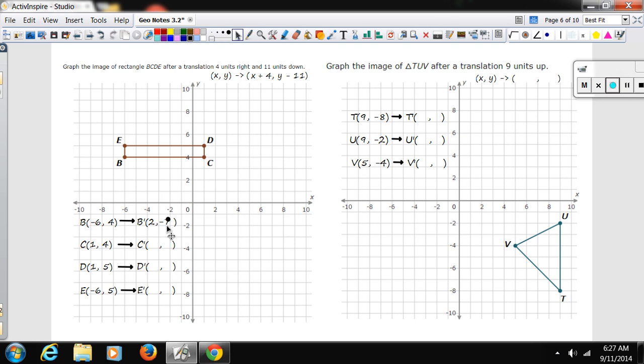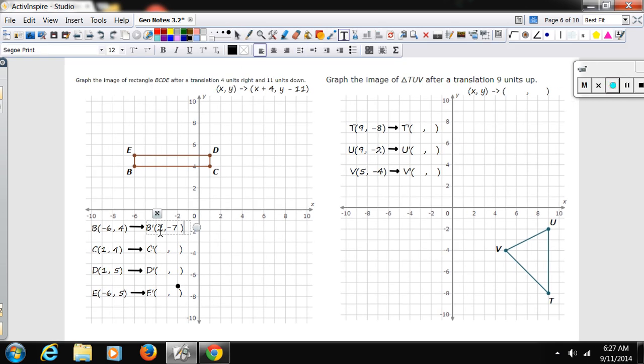So negative 2, negative 7 is right here. You guys probably already knew that, didn't you? Okay, so if I add 4 to negative 6, I'm going to get negative 2. When I subtract 11 from 4, I'm going to get negative 7. So negative 2, negative 7. So that would be point B, or B prime.